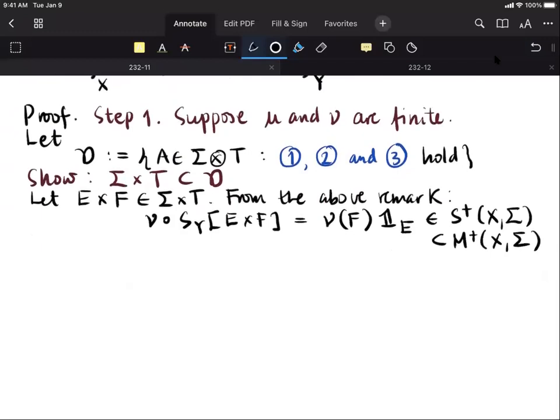Okay, similarly, let us first compute the integral.